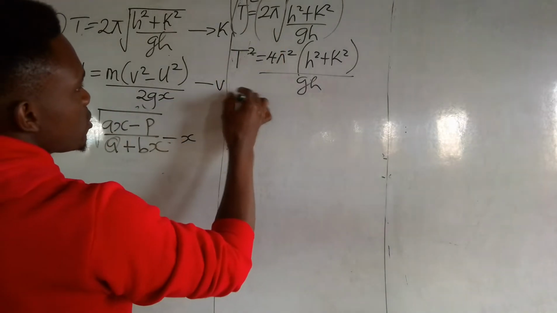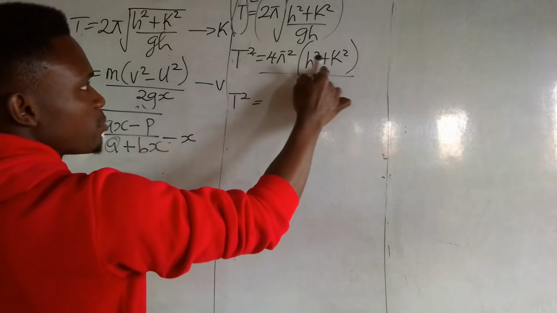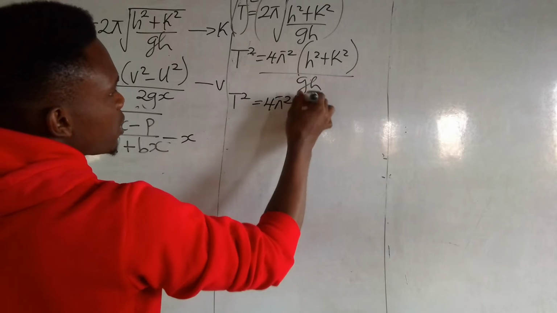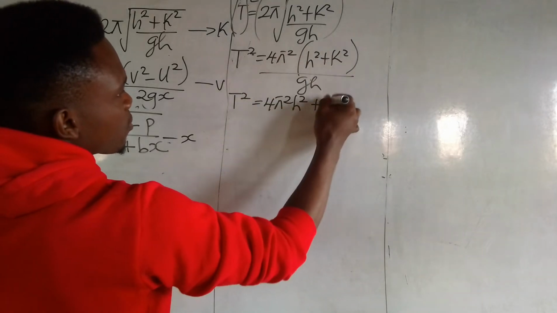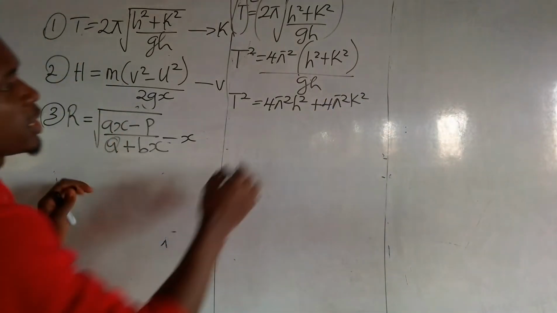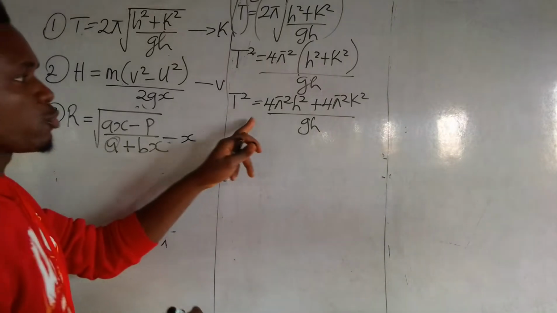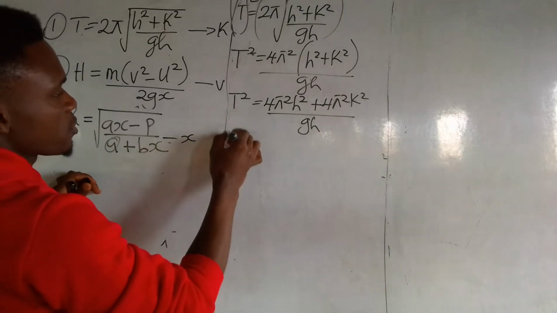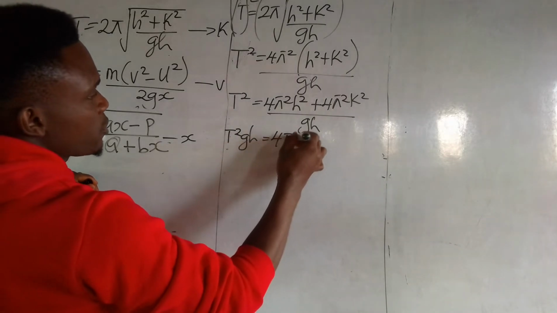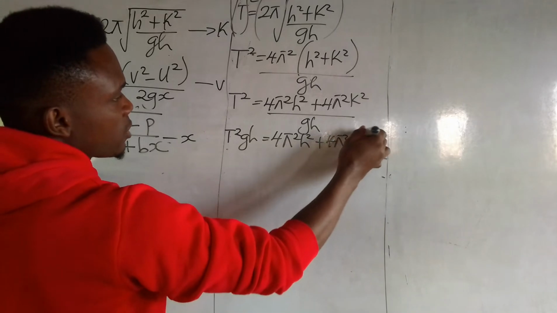You now have T squared equals, you use this 4 pi squared to open everything inside the bracket. It becomes 4 pi squared h squared plus 4 pi squared k squared, over gh. Alright, hope you are following. Then after that, you are to cross multiply. It becomes T squared gh equals 4 pi squared h squared plus 4 pi squared k squared.